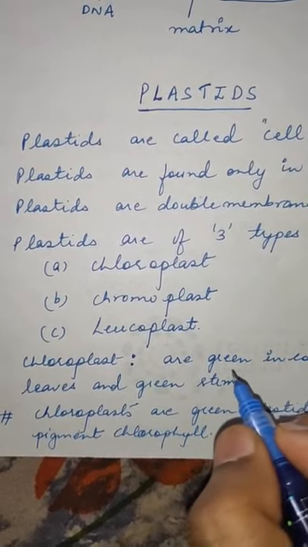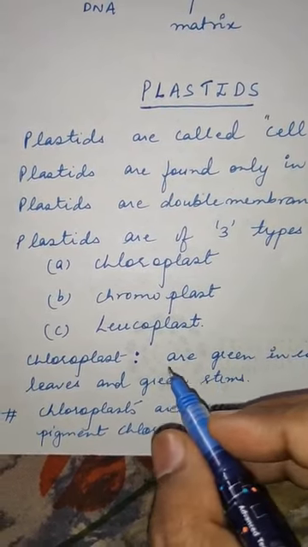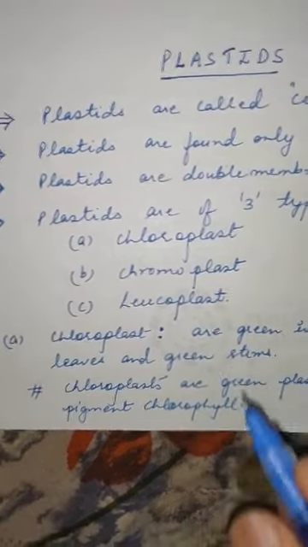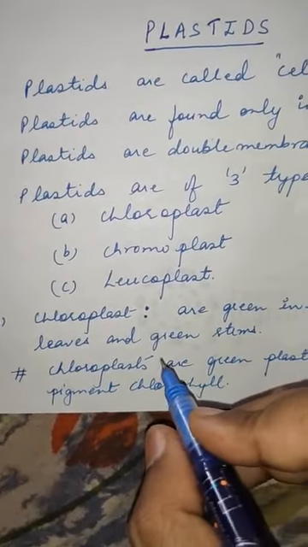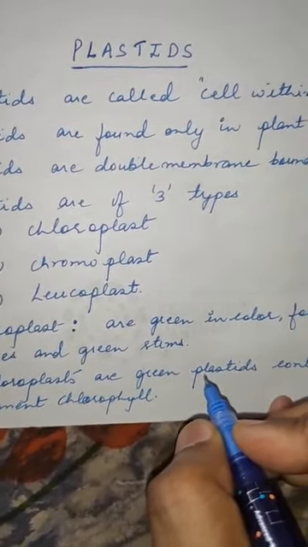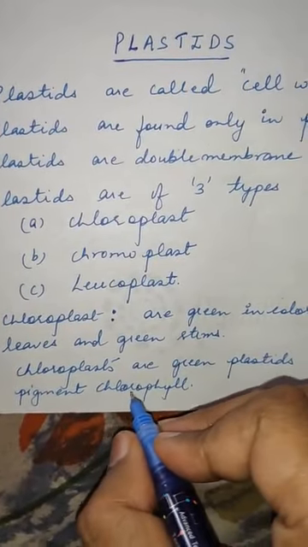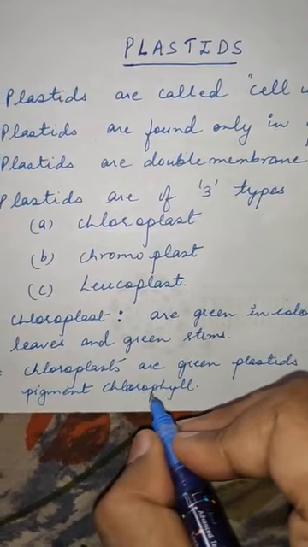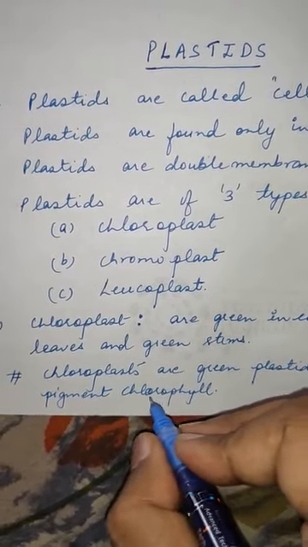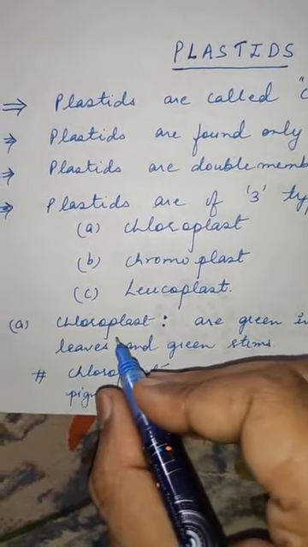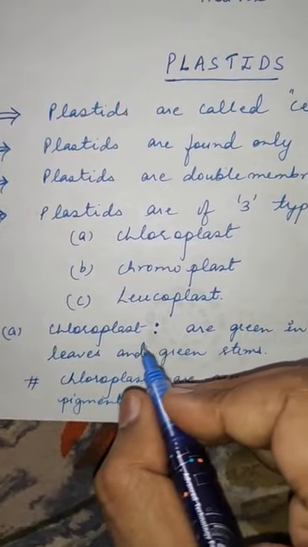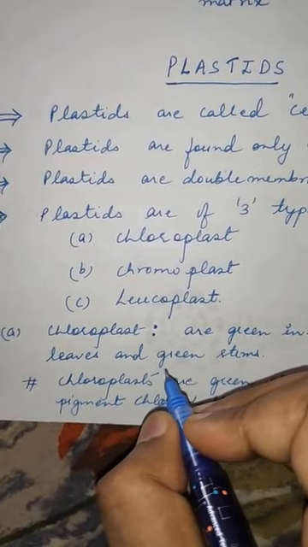But the main pigment that is present in the leaves is chlorophyll. Now chloroplasts are green plastids containing the pigment chlorophyll. Chlorophyll is the pigment and chloroplast is the organelle. Clear? Say yes or no.